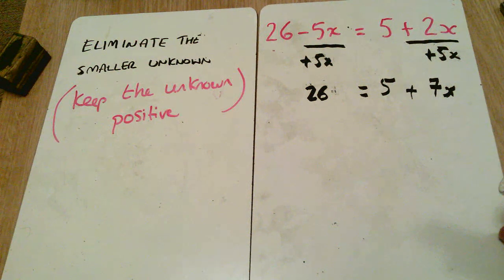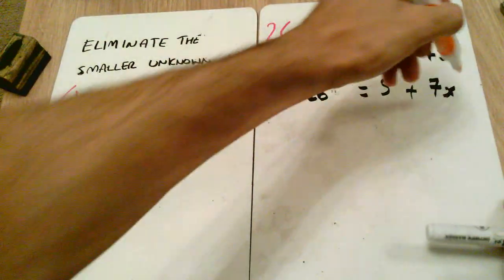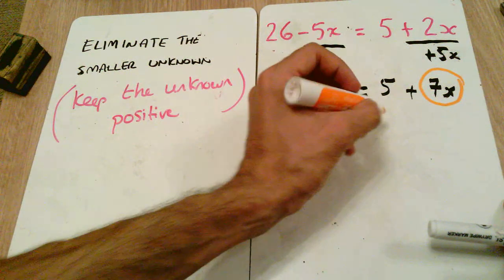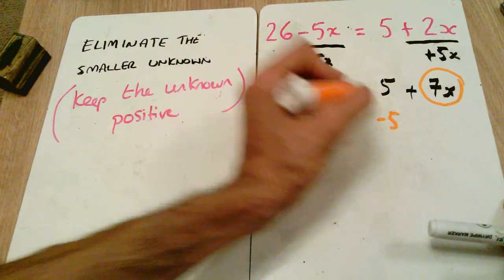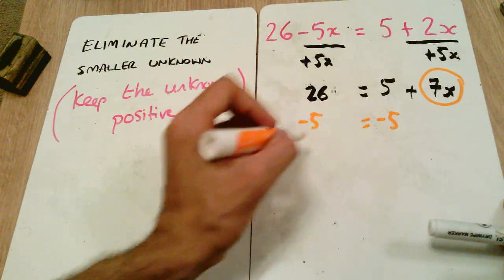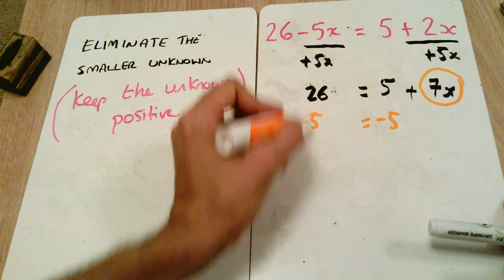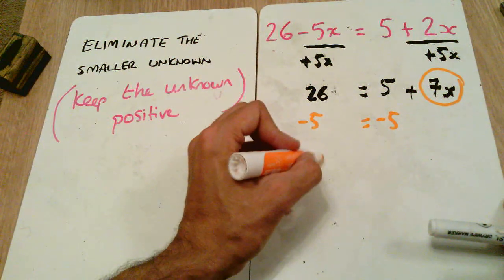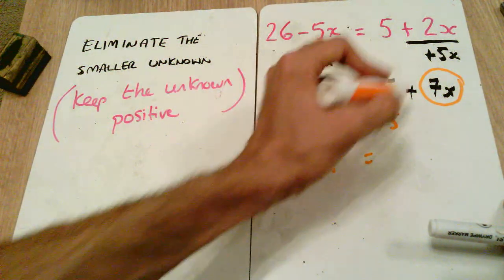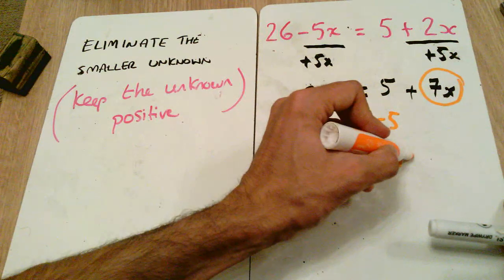And now, once again, we have one of our normal equations. We need to isolate the term with the unknown in it, which is the 7x. We need to isolate that on its own, but it's got this plus 5, so we have to subtract 5 from both sides. That gives us 26 minus 5 is 21. 5 minus 5 cancels out at 0, and we're left with 7x.